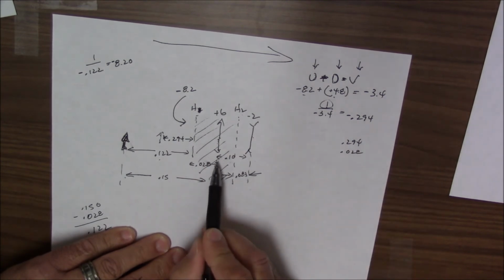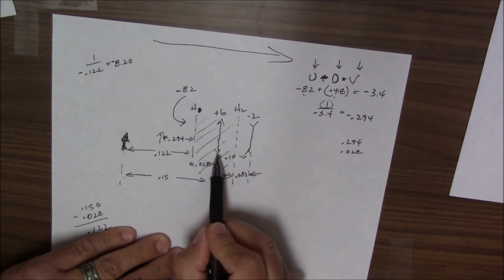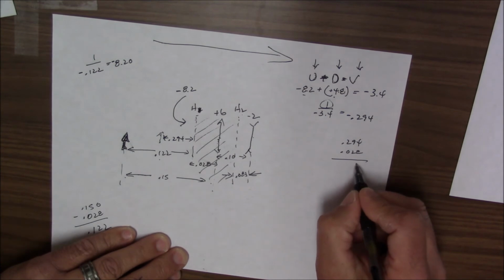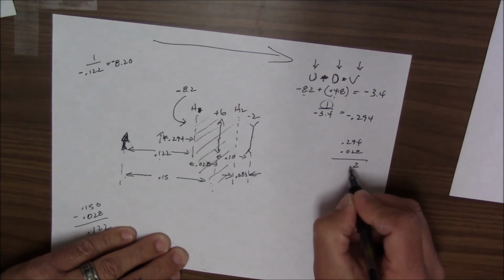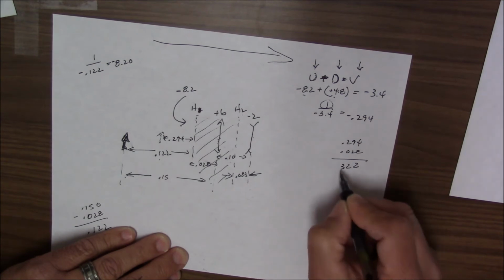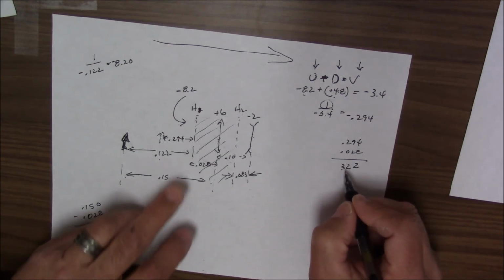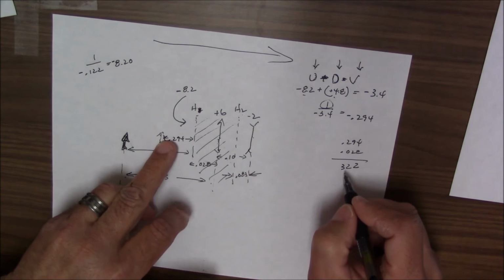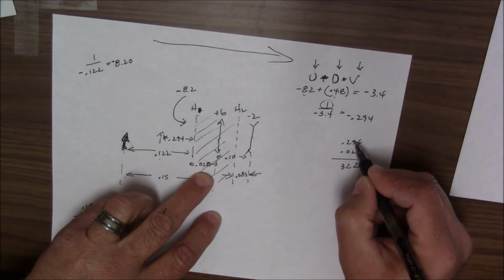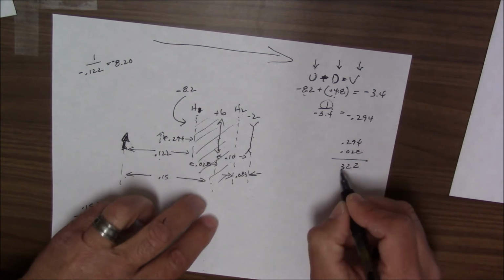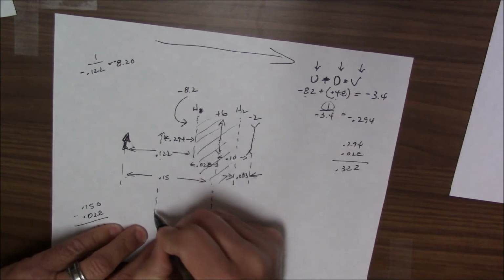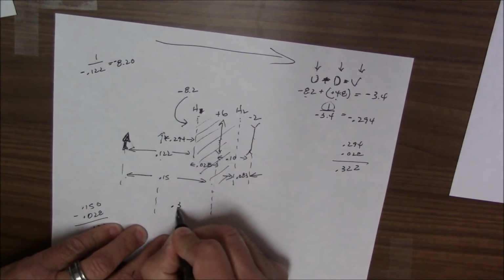That's the distance between the front of the real lens and the front of the Gaussian lens. I add those two together: 0.294 plus 0.028 gives me 0.322. Does that make any sense? Yep. So the distance between here and here is going to be 0.322.